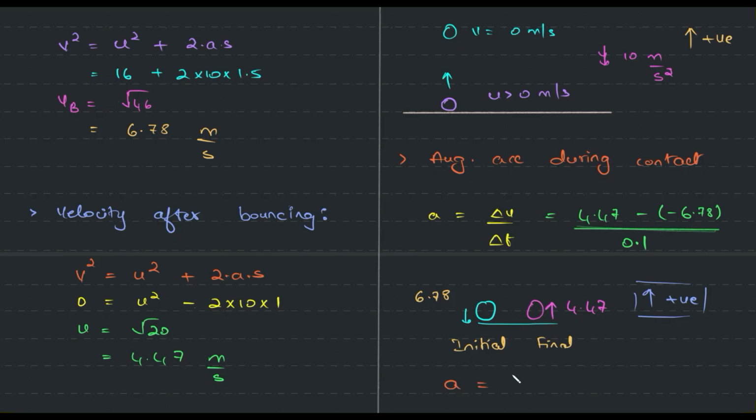So for the sake of curiosity, I'm going to use the calculator. So this is 11.25, and divided by 0.1, it will give us this value. So that is a lot of acceleration. 112.5 meter per second square is your answer.